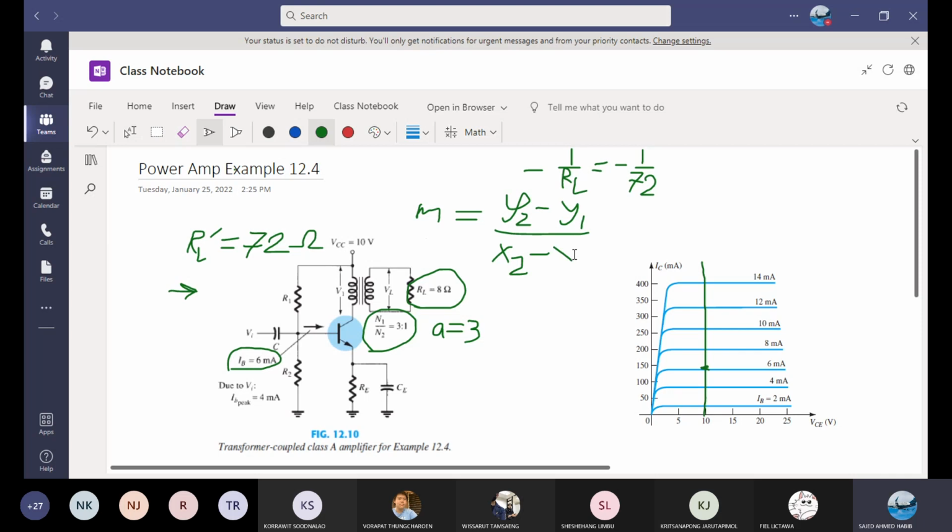You need the coordinates. If you take the 6 milliampere base current and extend it, this is ICQ, and the value of ICQ can be determined. You know what it is? It is 140 milliamp in this graph.